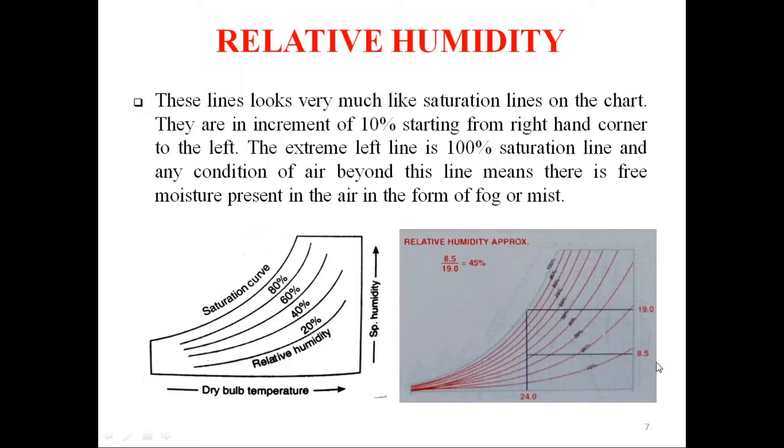Next is relative humidity. These lines look very much like saturation lines on the chart. They are in increments of 10% starting from the right hand corner to the left.